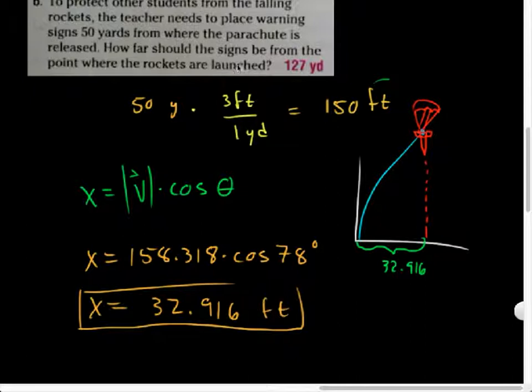Oh, no, because it's asking how far the sign should be placed from where the rocket is launched. So that's x equals 0. Well, anyways, I'd want to add 150 to this, in feet, and that's a total of 182.916 feet.